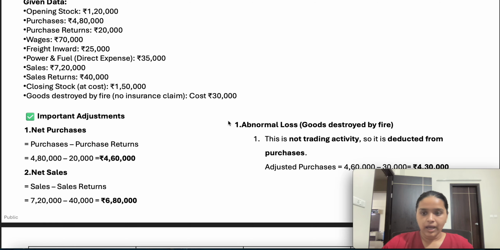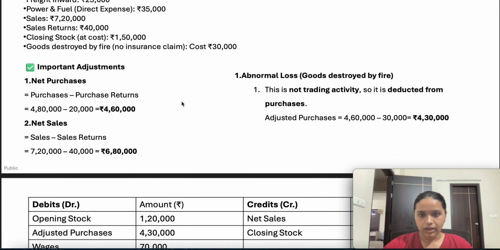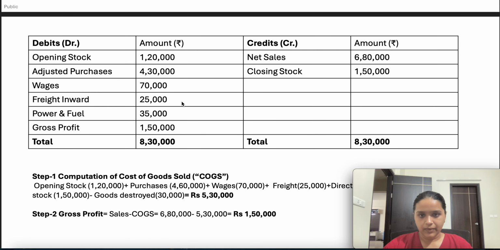So either you deduct it from the purchases, or you consider it separately on the debit side of the trading account. Net purchases is 4,60,000, and we can deduct this, making it 4,30,000. And net sale is 6,80,000. So firstly, either you can prepare the trading account and the balancing figure will be your gross profit.